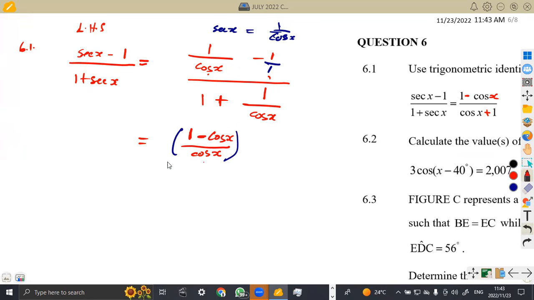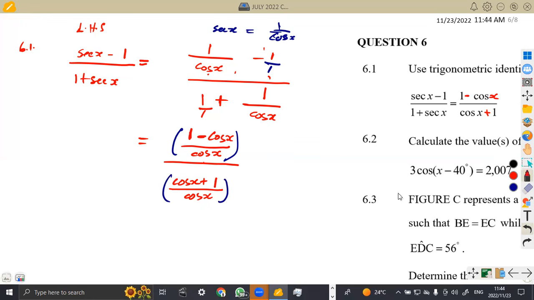We divide whatever that we have by the denominator. It's the same, only that here we are adding. So we are going to have again cos x over, because this is the same as over 1. So cos x and 1, that is cos x plus cos x and cos x, that's 1 times 1, which is 1. So this is what you're going to have.